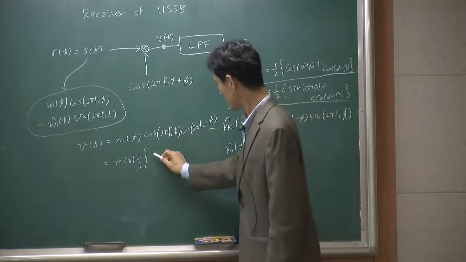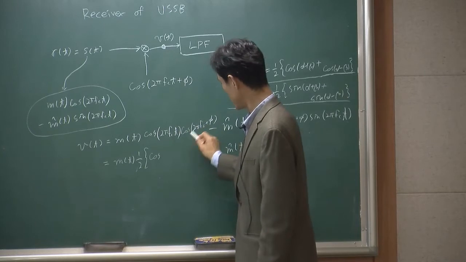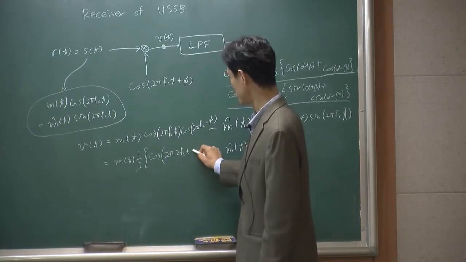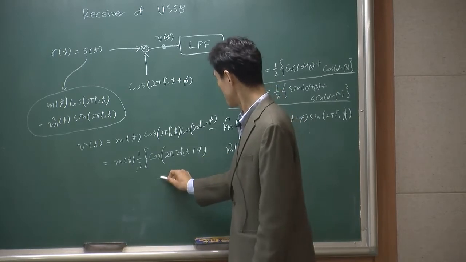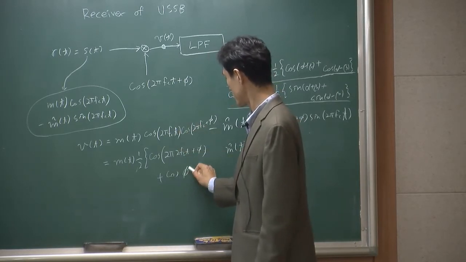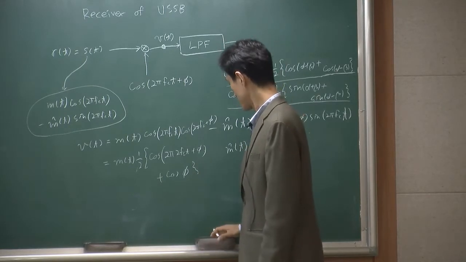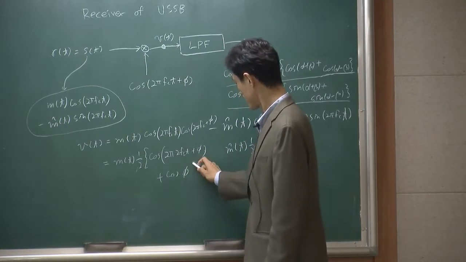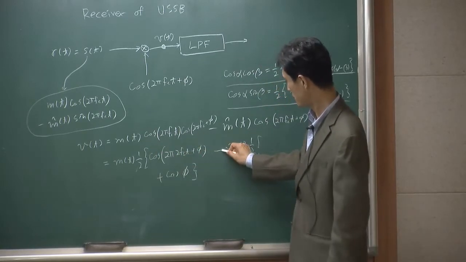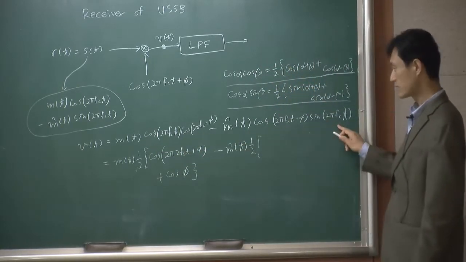So let's do that. You are adding these two: cosine of 2π 2fct plus φ, plus cosine, and this one minus this is going to be cosine φ. This is from the first term. Now minus, let's look at the second term.